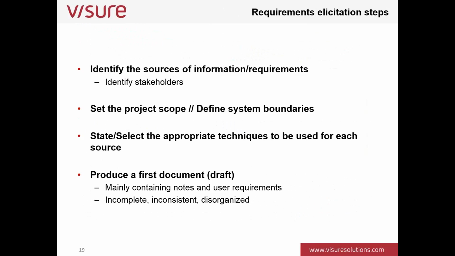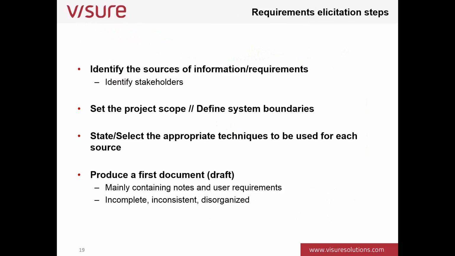So what are the elicitation steps in this elicitation activity, part of requirements engineering? Mainly 4 activities. In fact, 3 activities, and at the end we produce a document. The first two can be exchanged.